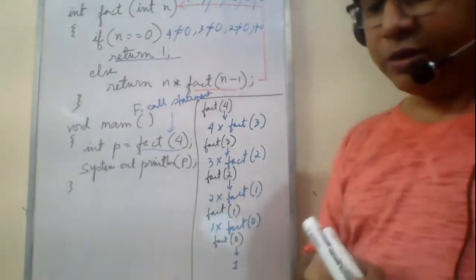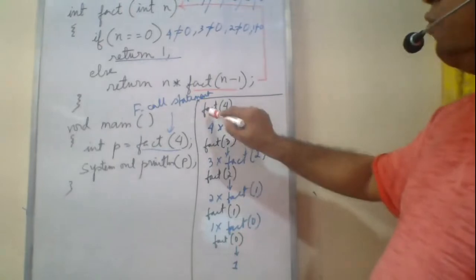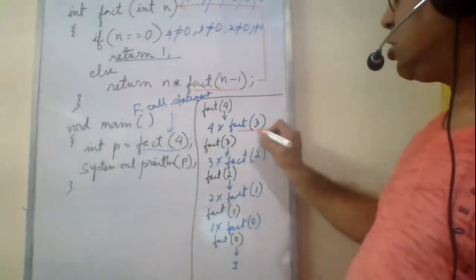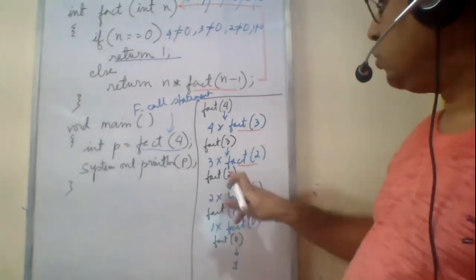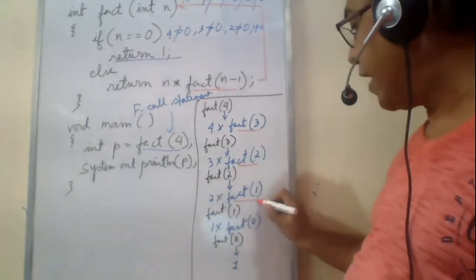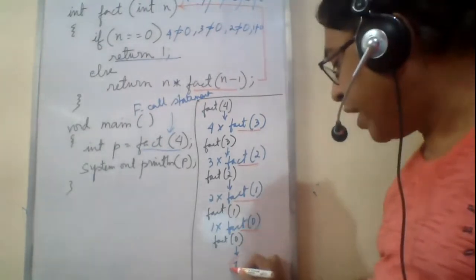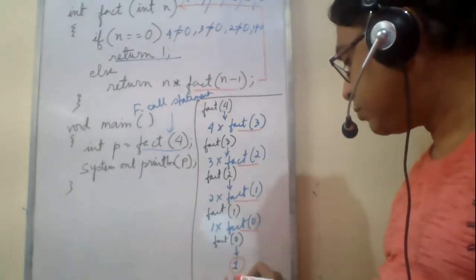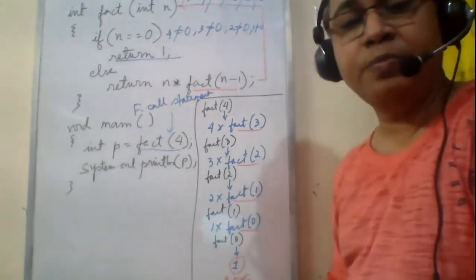Now see here what's happening in this function. Fact of 4 is calling fact 3. Fact of 3 is calling fact 2. Fact 2 calling fact 1. Fact 1 calling fact 0. Now fact 0 finally will return 1. So this 1 will be returned to whom?